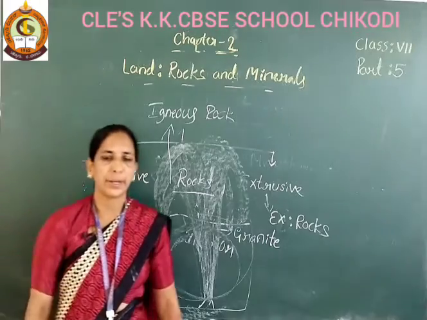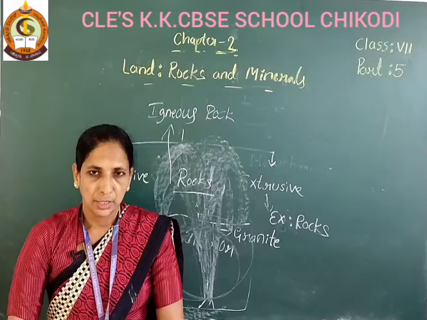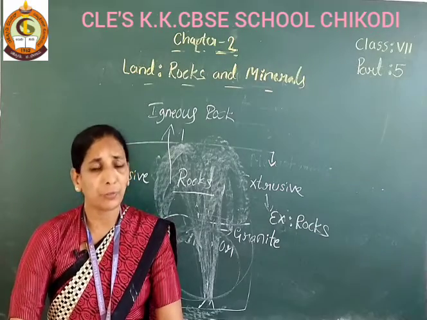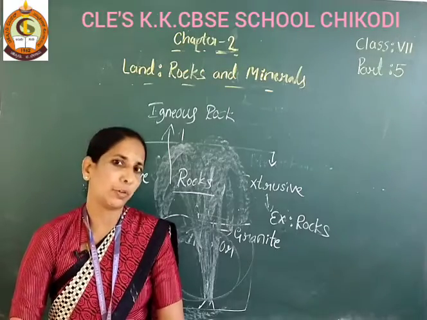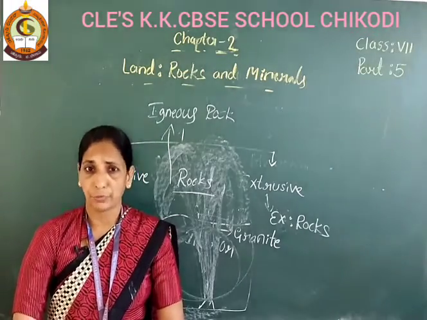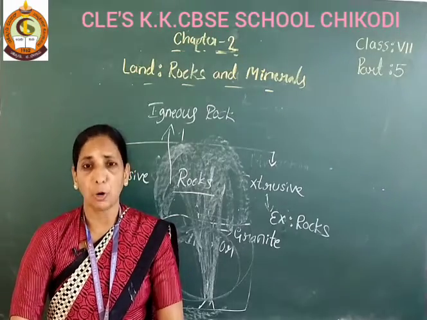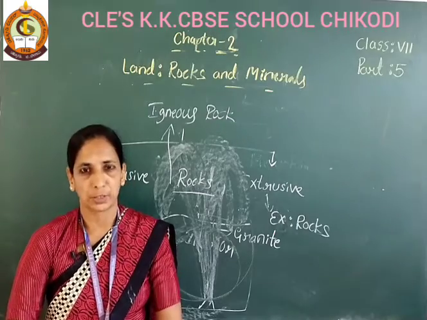These rocks and minerals we find on the earth's surface. Some are found in the interior part, some in the exterior part, the outer part of the earth. Some rocks we find on the earth's surface, the outermost part.